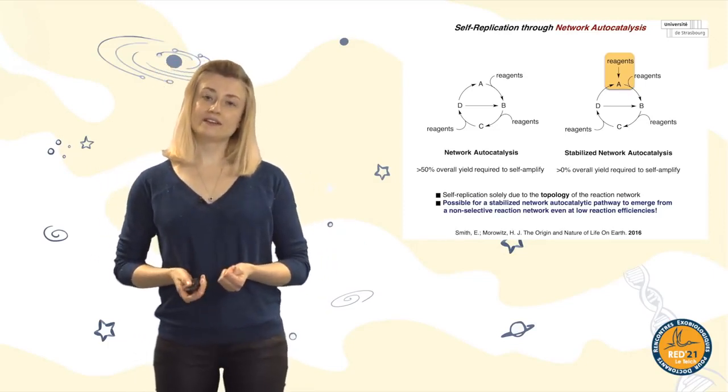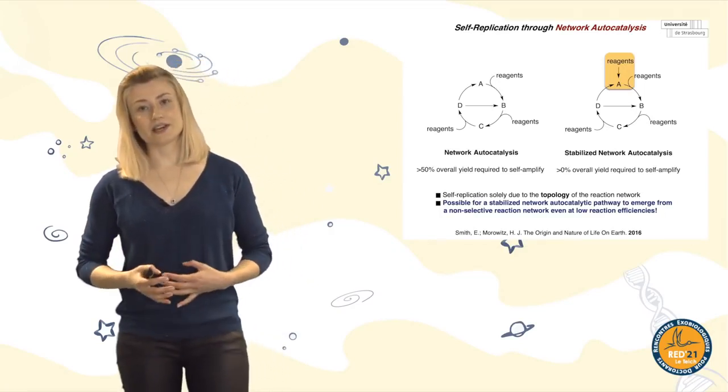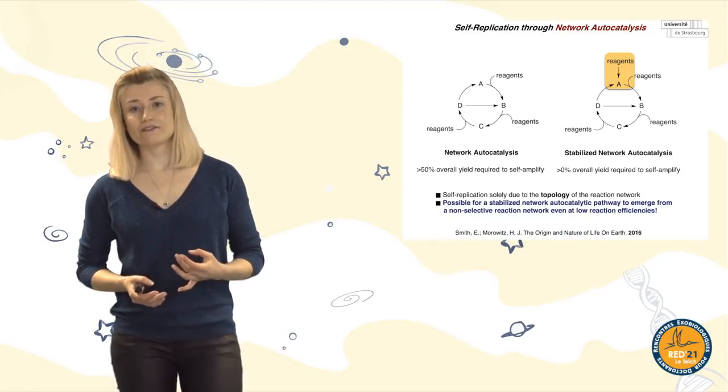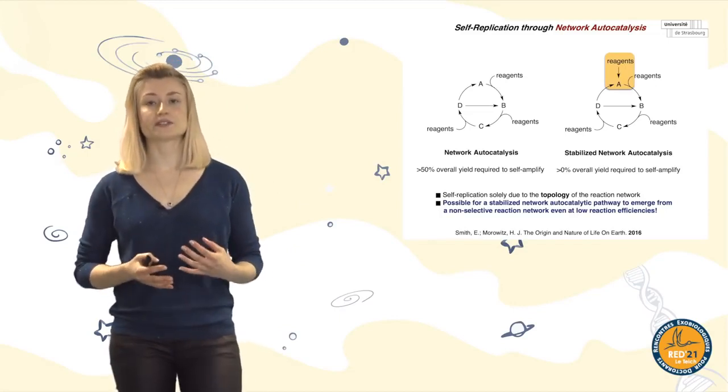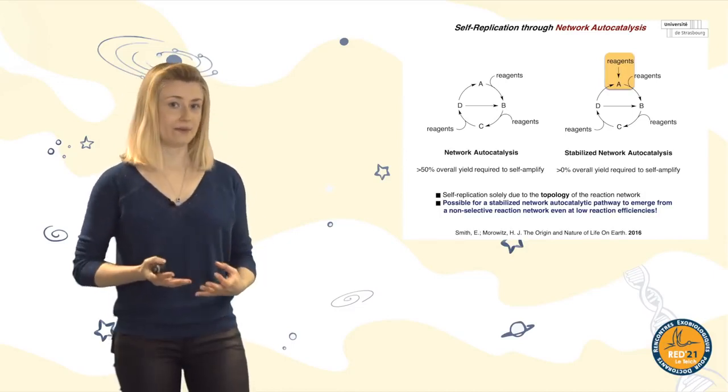So normally, for this structure on the left-hand side, if you want it to be sustainable, then every reaction requires at least a 50% yield. If this condition is fulfilled, then the cycle can self-amplify.